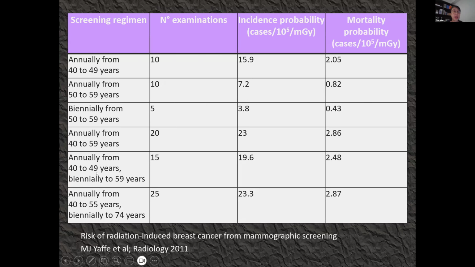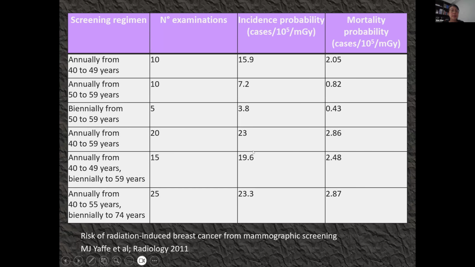If there's a mix of both annual and biannual screening, for example here, if she starts annually from 40 to 49 and subsequently biannually up to 59, incidence is around 19.6. And if it's annually from 40 to 55 and biannually up to 74, the incidence is 23.3. And this is similar to if she had undergone annual screening from 40 to 59.